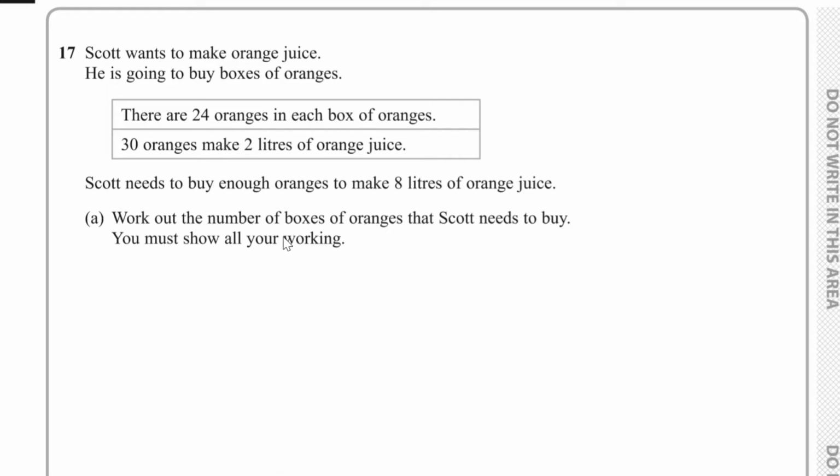So we're told in the question we require 30 oranges to make 2 litres. So therefore for 8 litres, of course multiplying by 4, 30 times 4, that's 120. So 120 oranges are required to make 8 litres of juice.